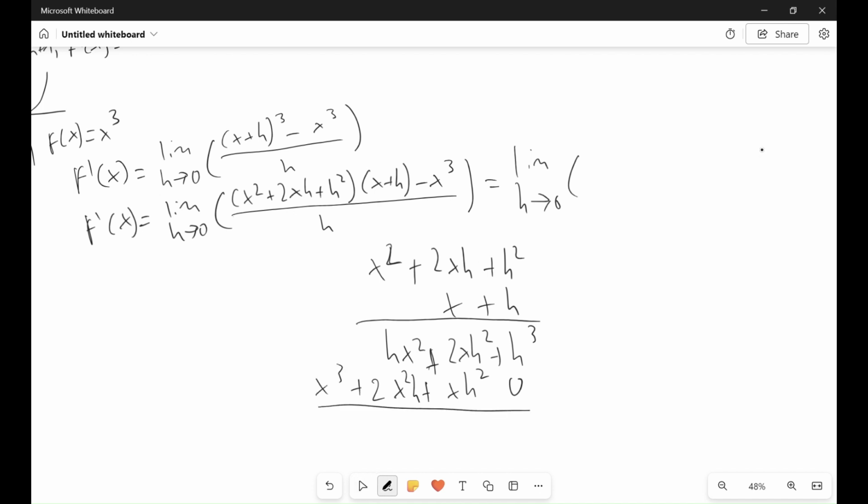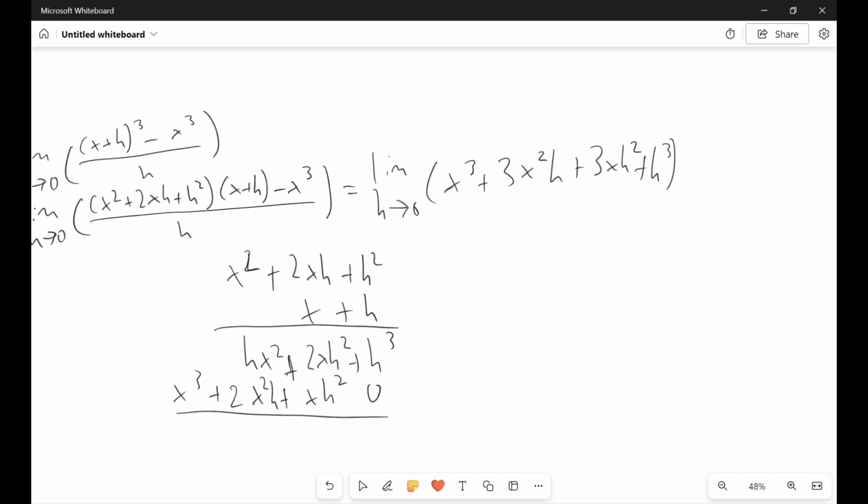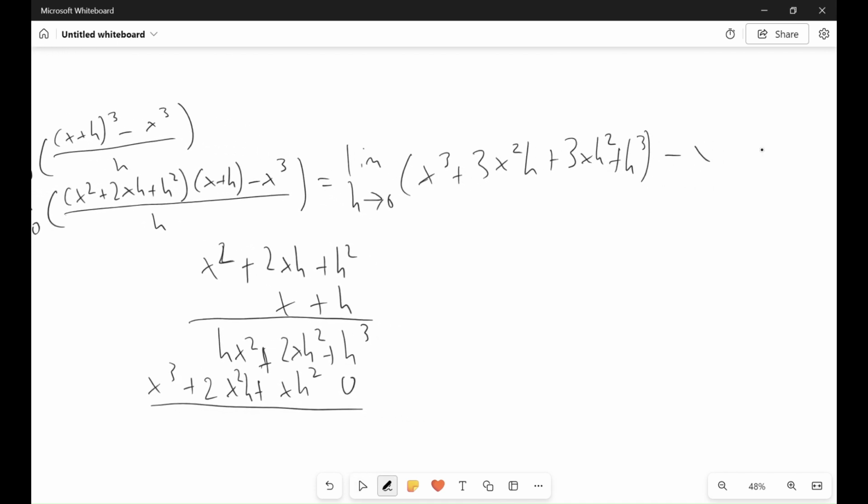So our final would be x cubed plus 2 plus 1, so 3x squared h plus 3xh squared plus h cubed. Okay, that's a lot. Minus x cubed all over everybody's favorite variable, h.